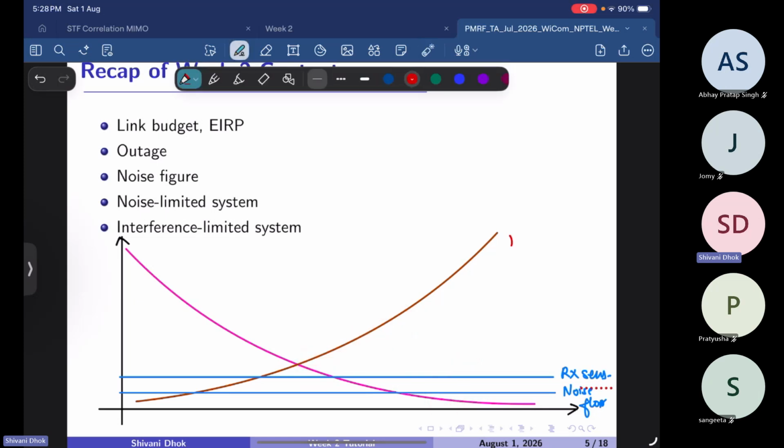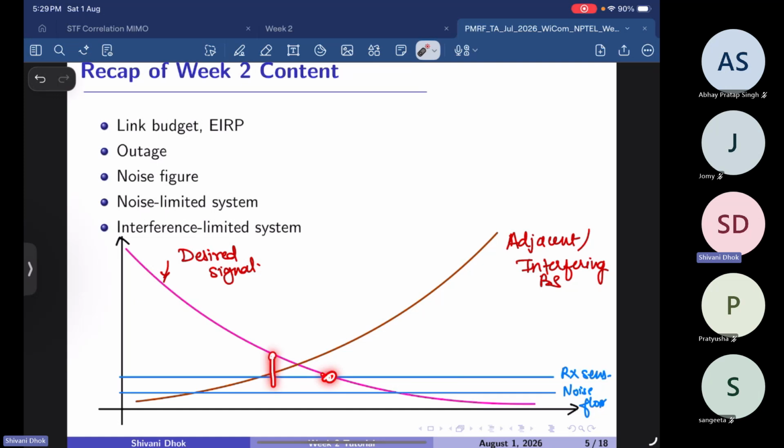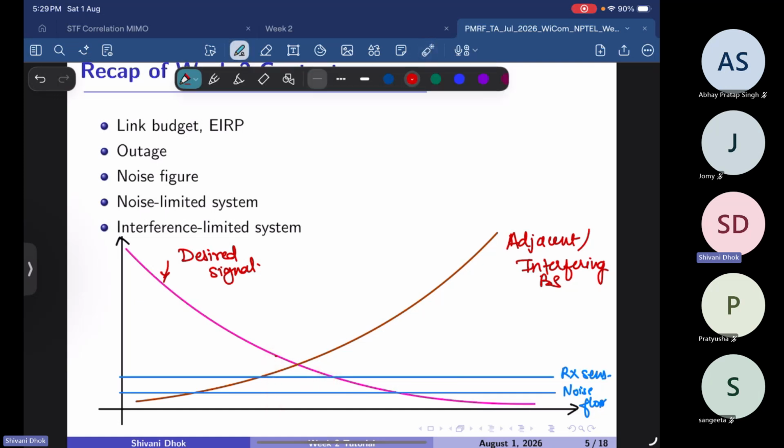So this is from the adjacent, or rather interfering, base station, and this is from your own base station, or rather the desired signal. So instead of having a Dmax here, we'll now have a Dmax before that, so that we allow for a minimum SINR. So your Dmax shrinks. If there were no interference, your Dmax would have been here.